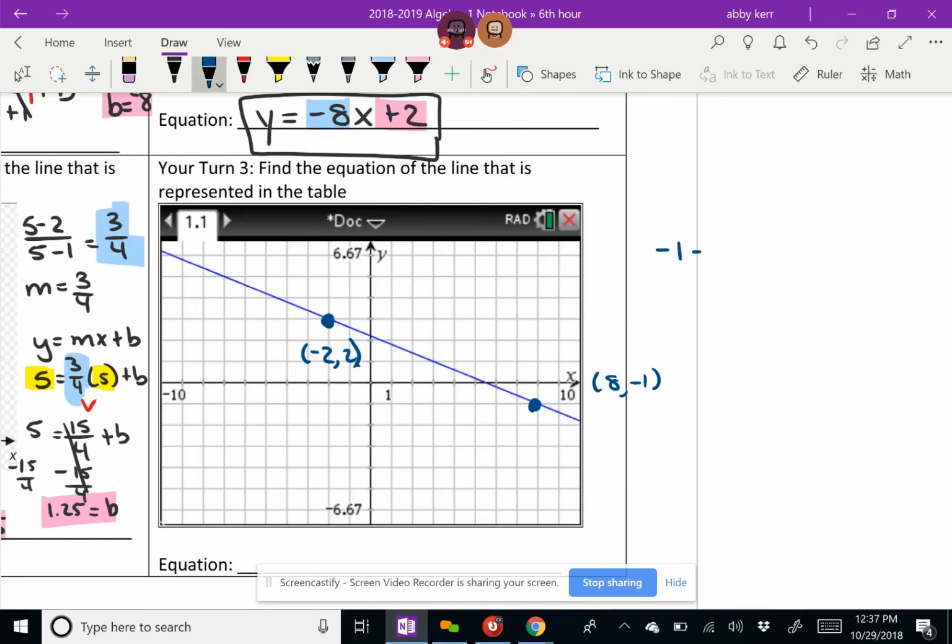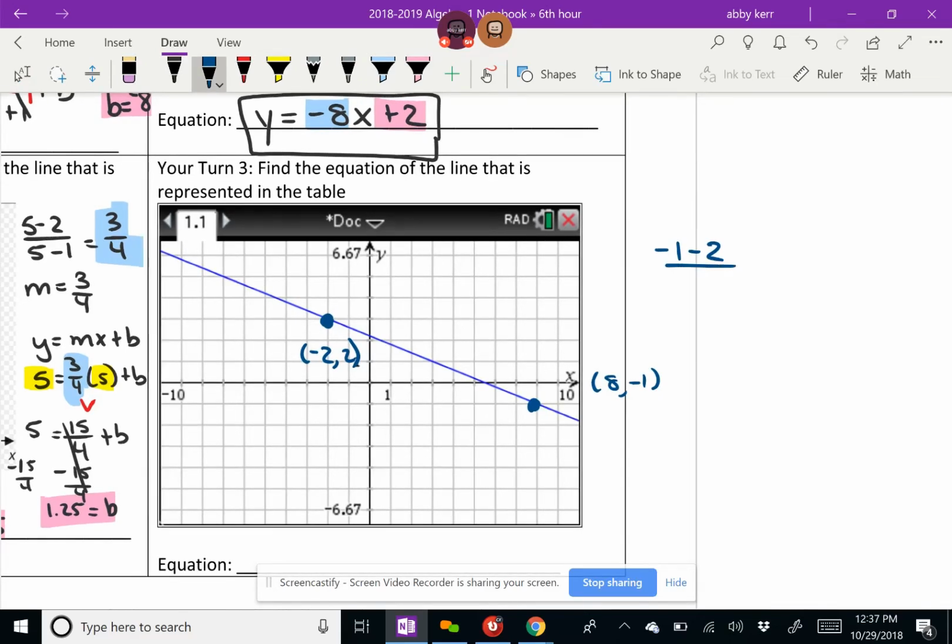Now it's going to be -1 minus 2, and then it's going to be 8 minus -2. So then we're going to have -3 over 10.